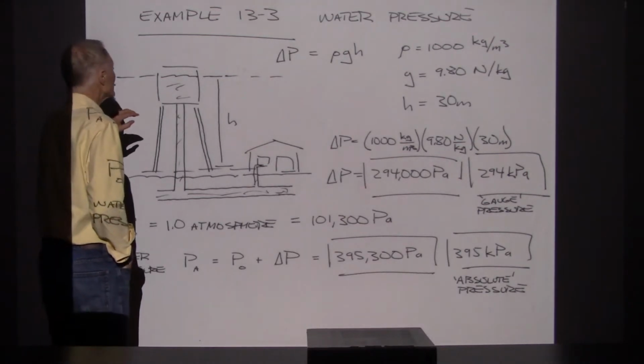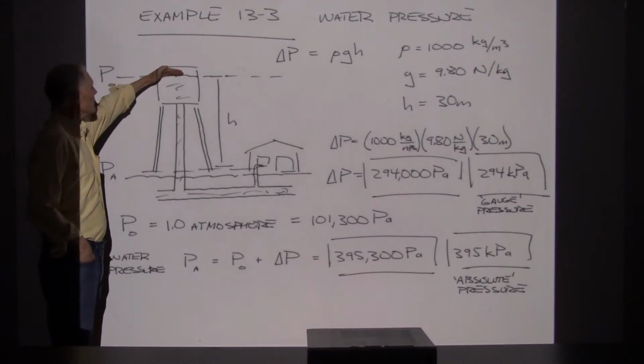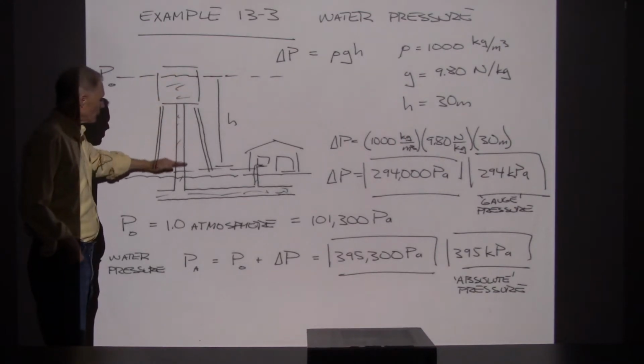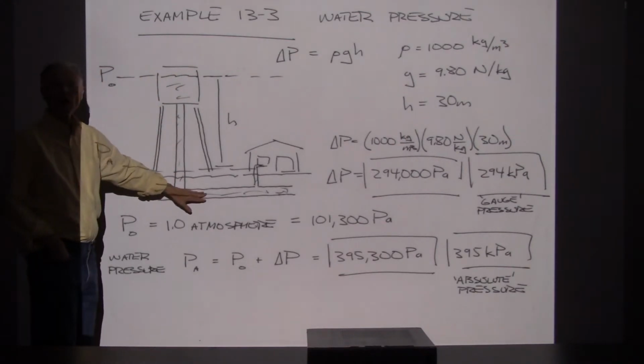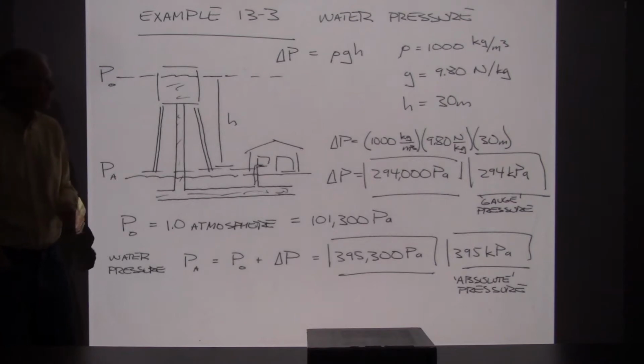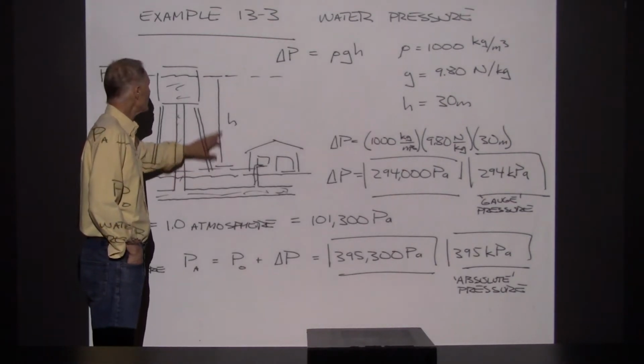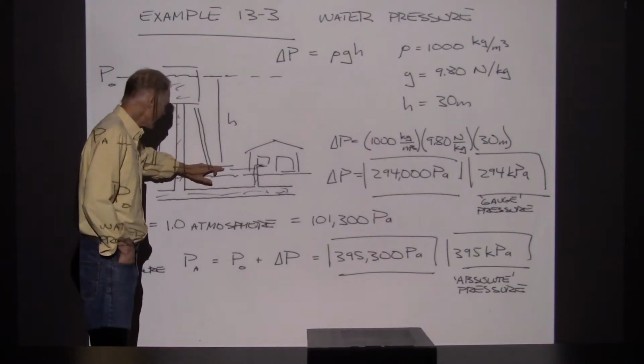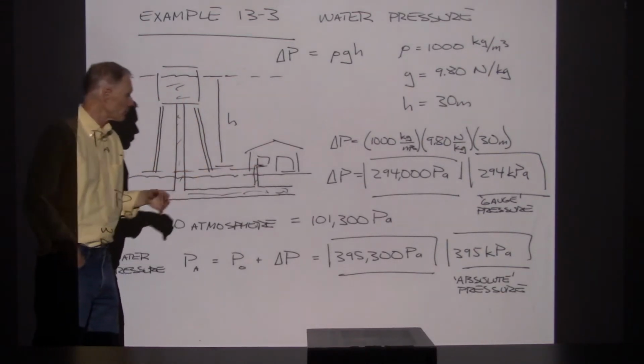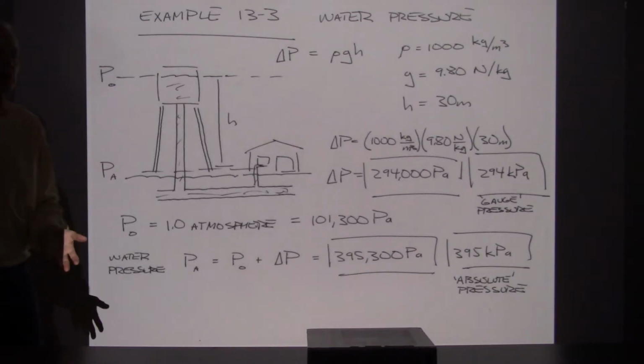Now, I set it up a little differently. I measured from the top of the water down to the water that's in the water main running through the streets. Oh no, I set it up the same way, never mind. H comes down to here, and this is the elevation of the first floor of a building. And what we want to know is, what will the water pressure be at that location?